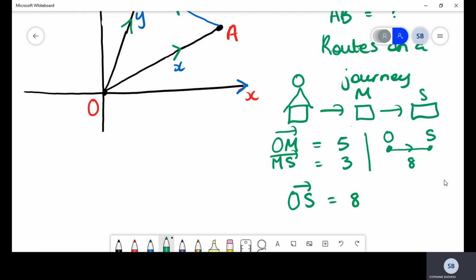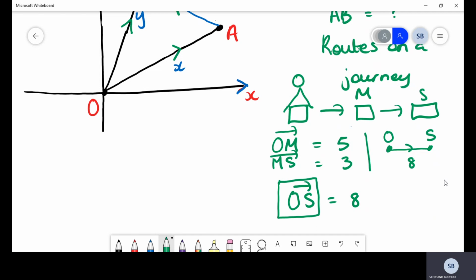Now let's say things get way more complicated and there were several routes in between. There are rules that you can use to calculate your journey and decipher very easily how you get from one point to the other.